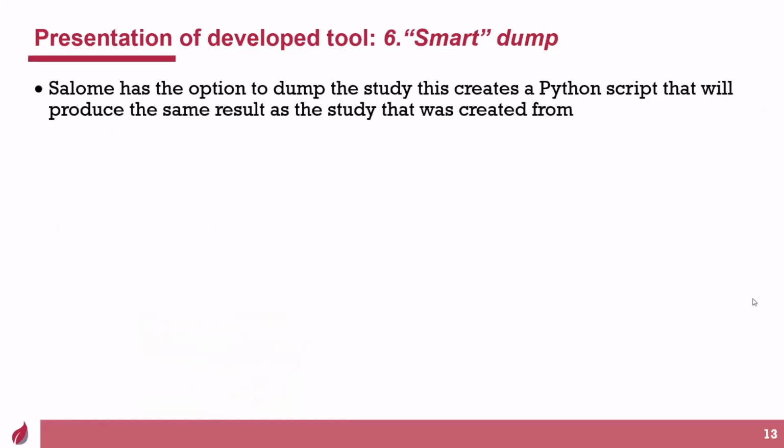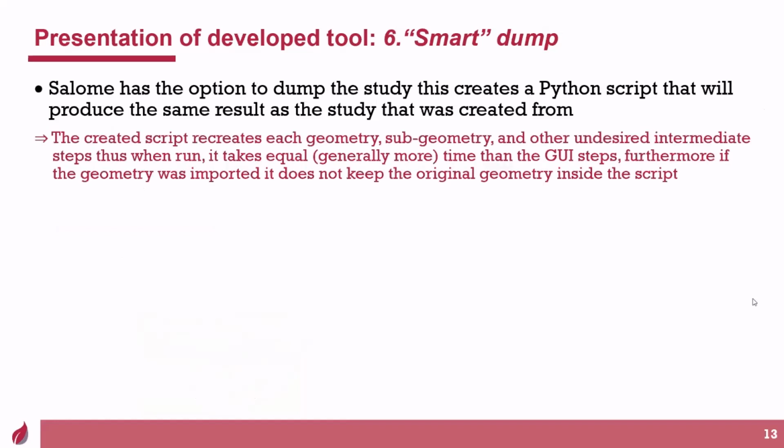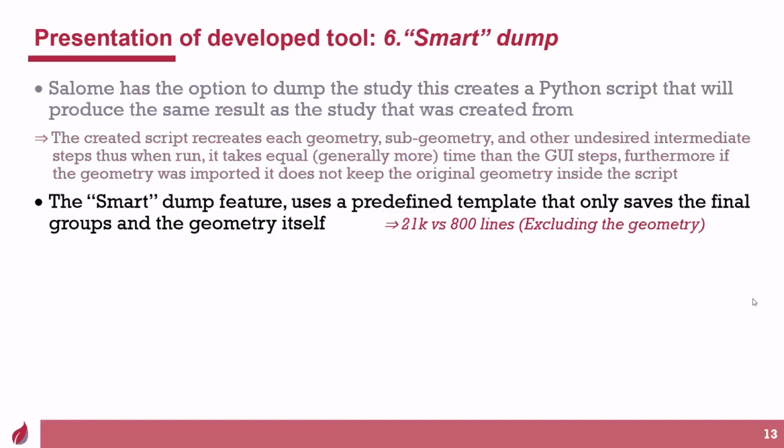So the idea is that you can recover that and build on it, or you can use it as a simple script, but it creates several geometries and sub-geometries that are not going to be used in the final one. So my idea was to create a smart dump that uses a predefined template and saves only what we need to save.